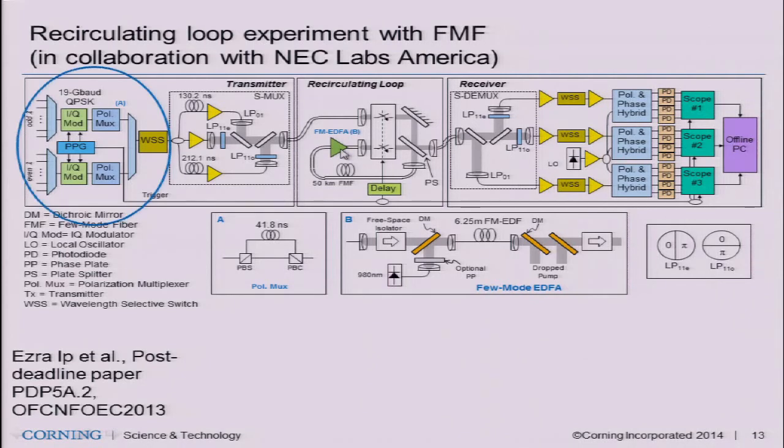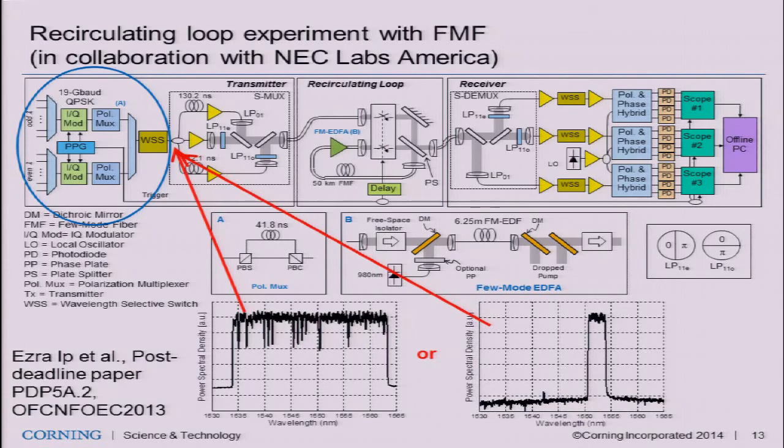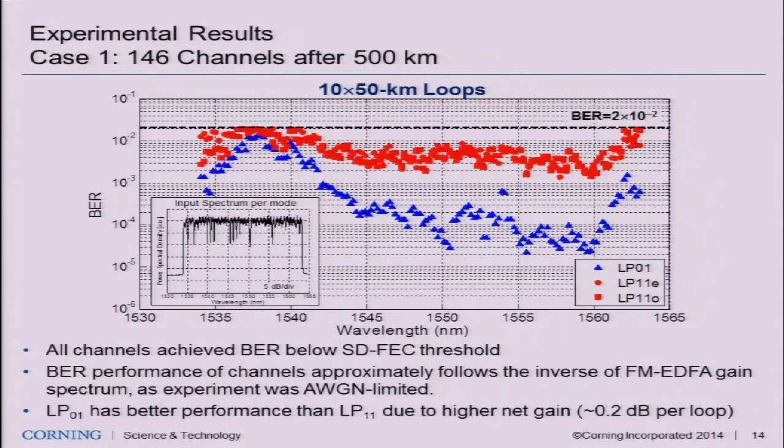In the experiment, we use a WSS, which allowed us to choose the wavelength band. We can choose either a wide band or a narrow band. For the wide band, we had 146 wavelength channels.